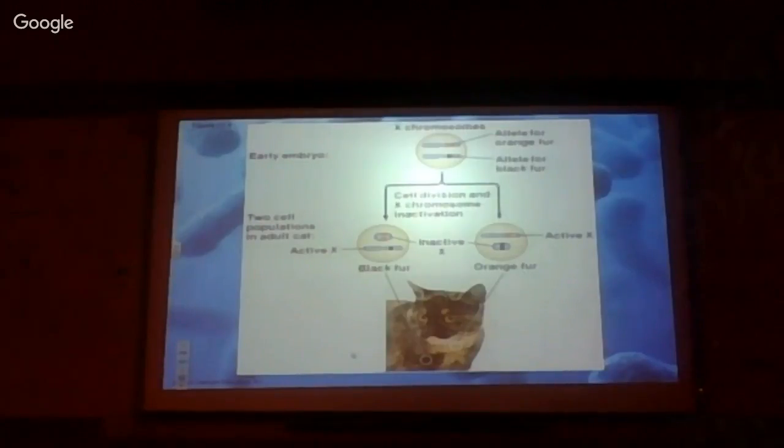If X inactivation happens later in embryonic development, then your cat's going to be more white with a little bit of the black and the orange. So when that X inactivation takes place in embryonic development is also a determining factor of how much of the mosaic pattern is actually expressed.